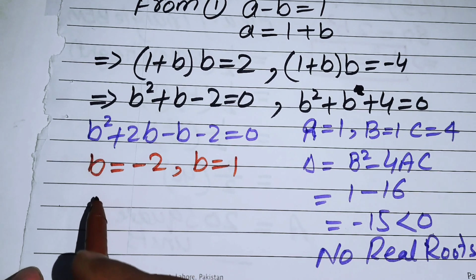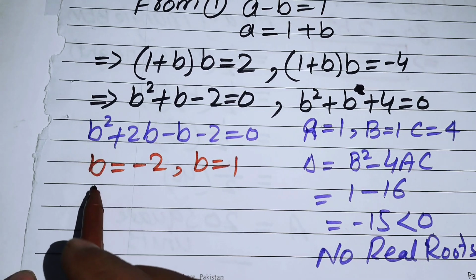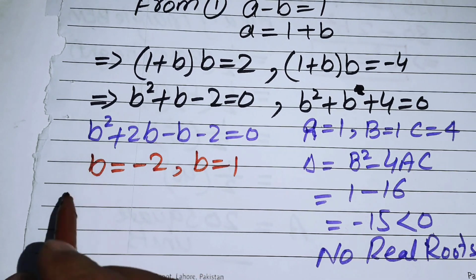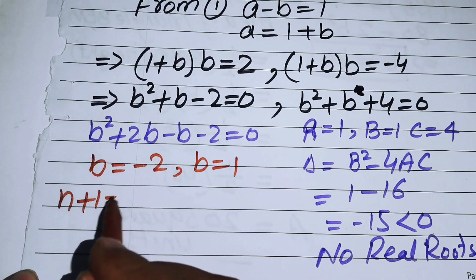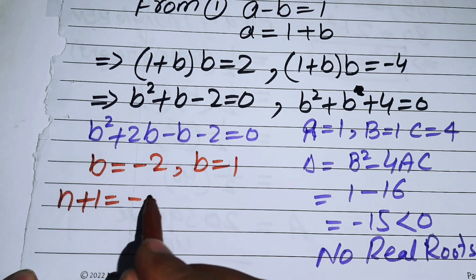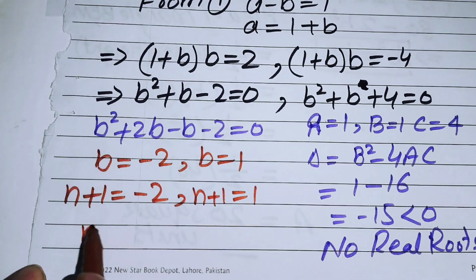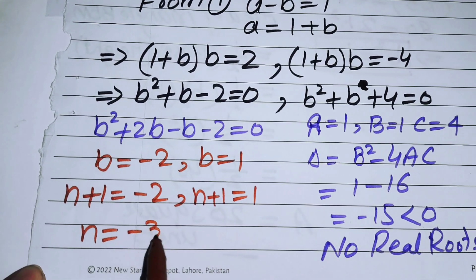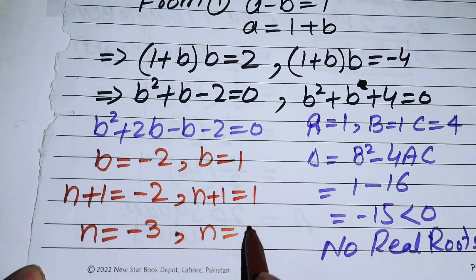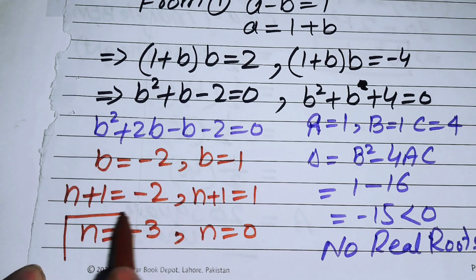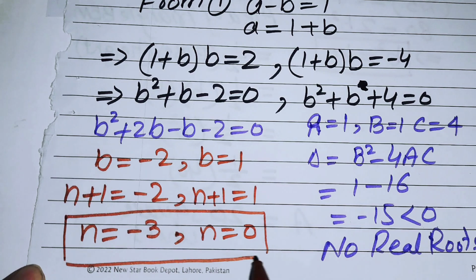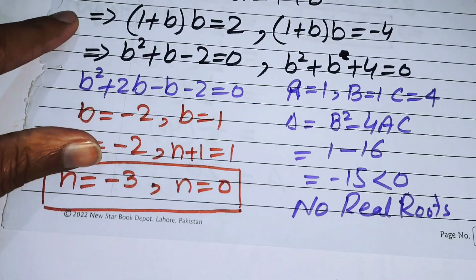So in the start of the problem we put the value b equals to n plus 1. So we back substitute the value of b, which is n plus 1 equals to minus 2, and here we have n plus 1 equals to 1. So here you get n equals to minus 3 and here we get n equals to 0. So these are the two real solutions of the given problem and this is our final answer.